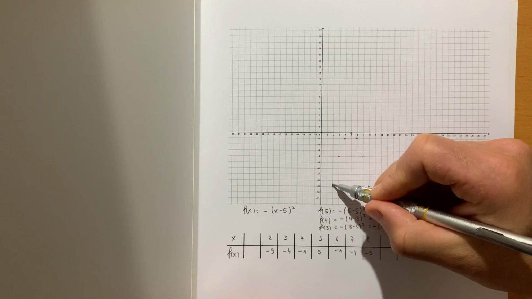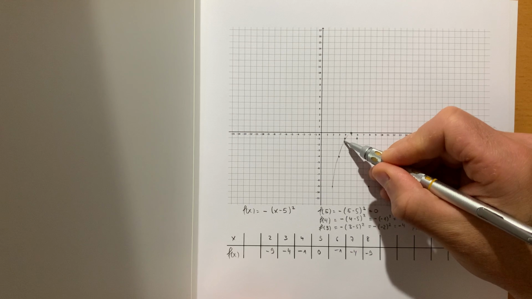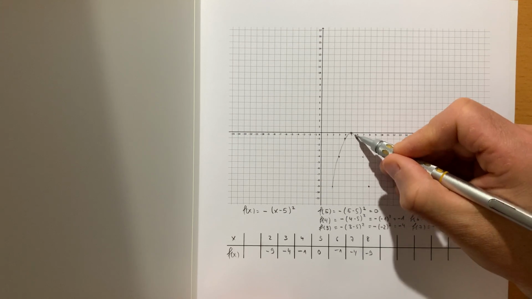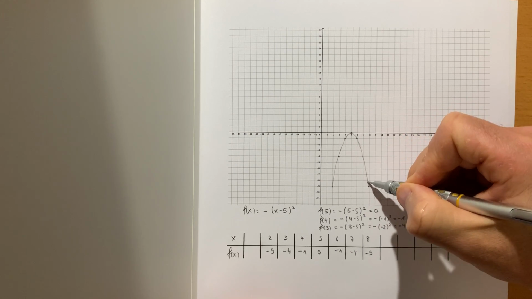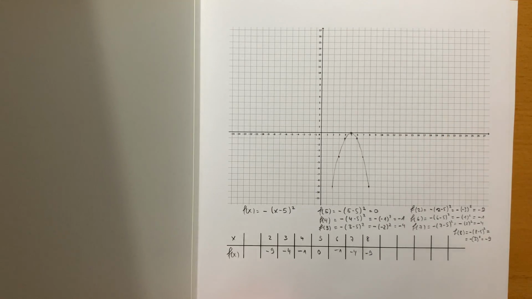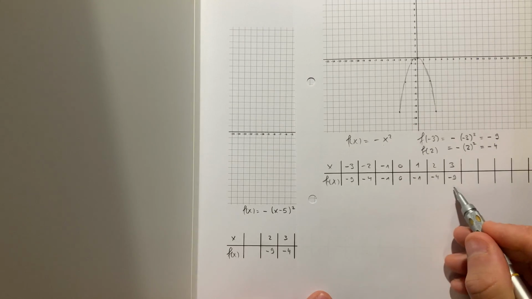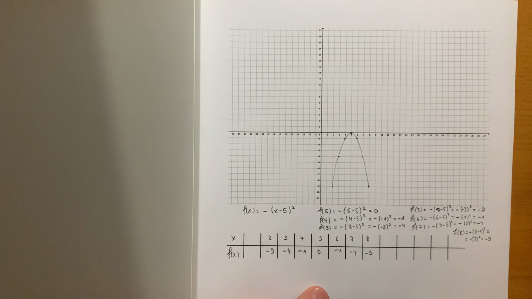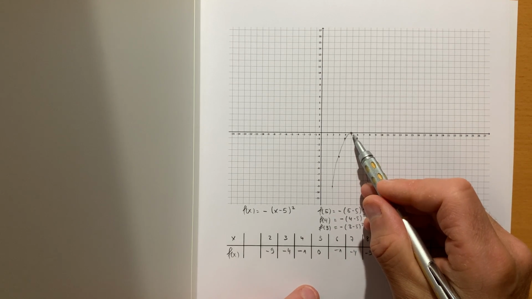And you see, it's in fact the same graph as the original SAT parabola. Same graph, the same numbers, but it's been translated to the right.